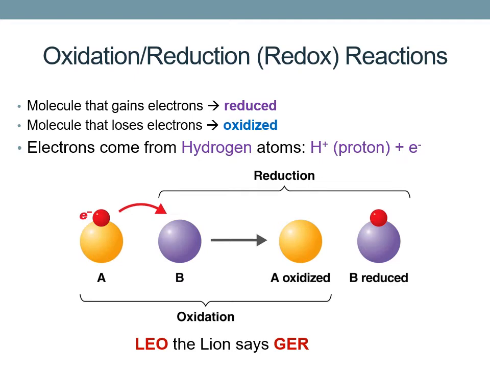Whenever a molecule loses an electron, another molecule has to gain that electron. To help you remember which molecules are oxidized or reduced, remember Leo the lion says GER. LEO stands for lose electrons, oxidized. GER stands for gain electrons, reduced.